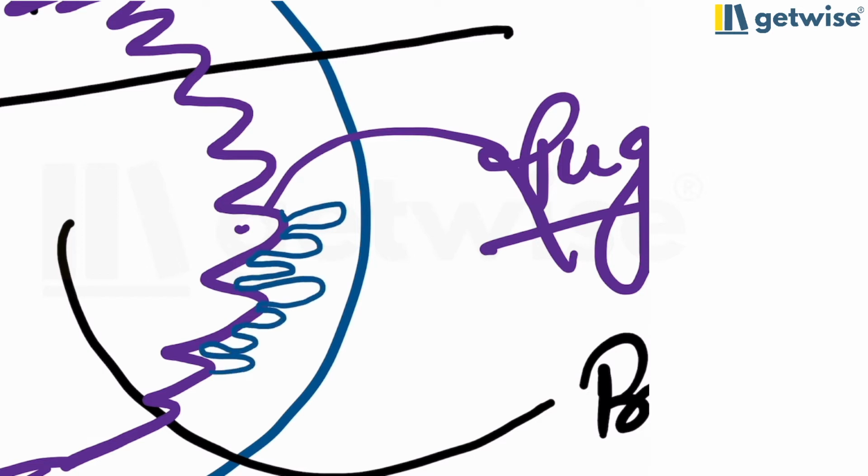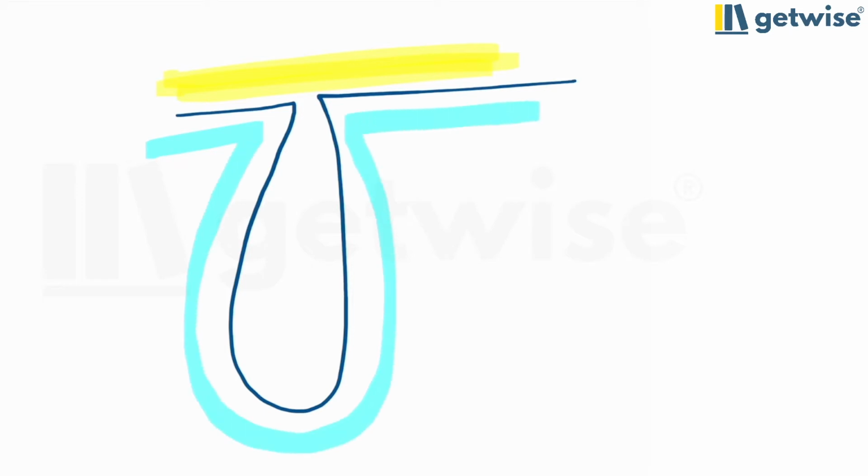To study the HCl secretion, we have to study the structure of the gastric gland. This is how a gastric gland looks, and this is the luminal side, and this is the basolateral side. But by default, this is also lumen.